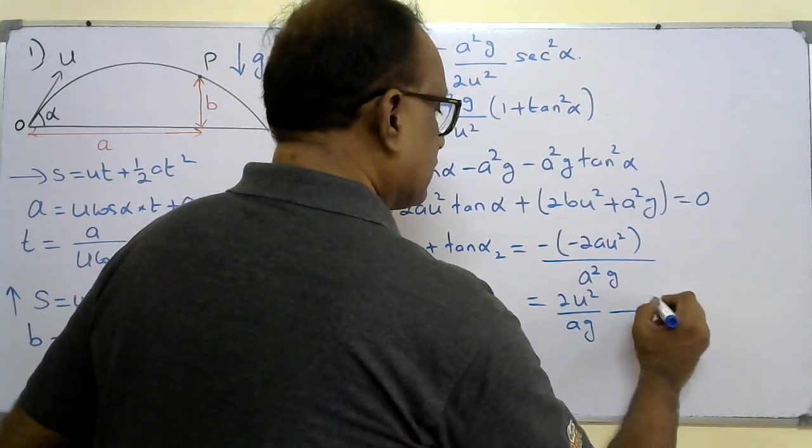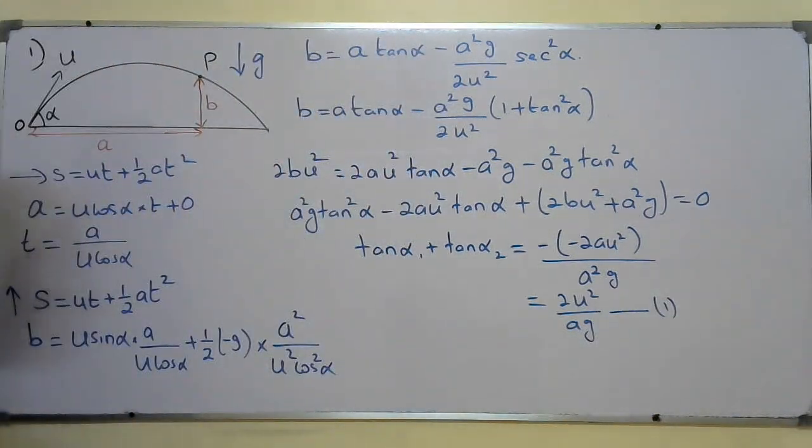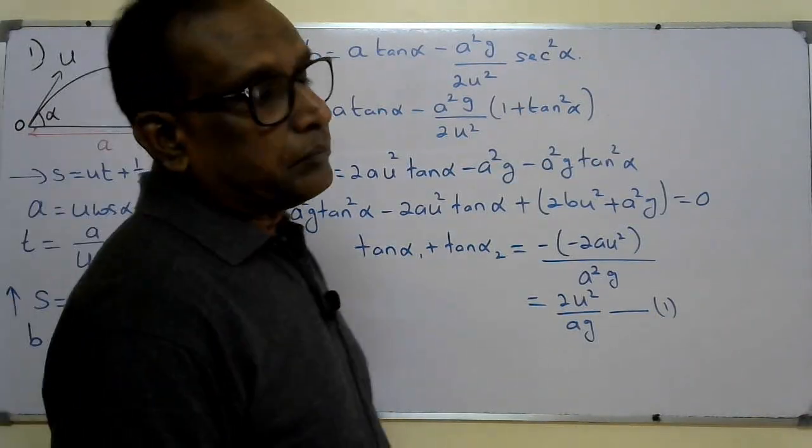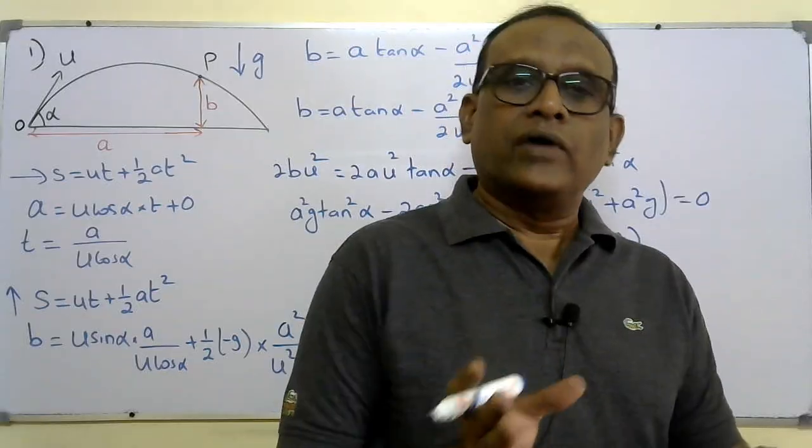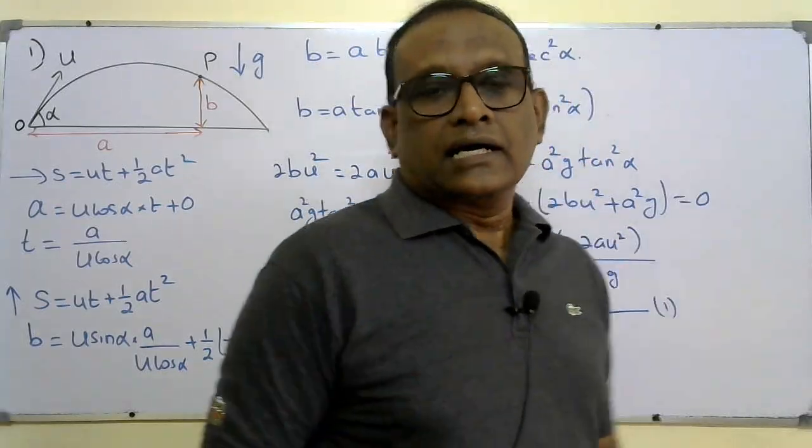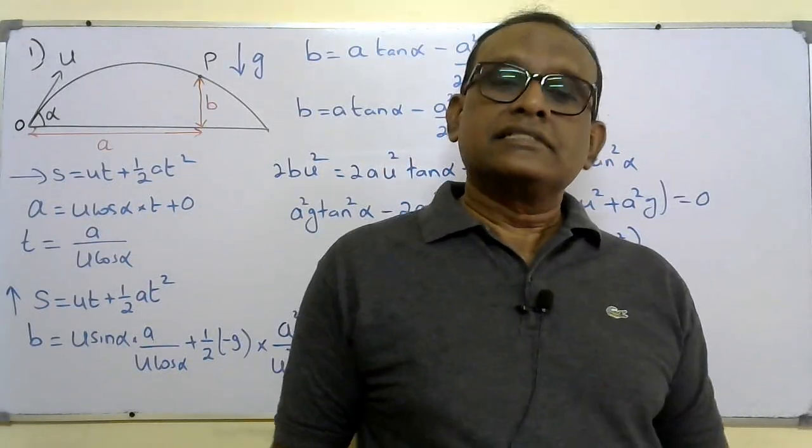Then the product of the roots. Normally we say alpha times beta is c over a.